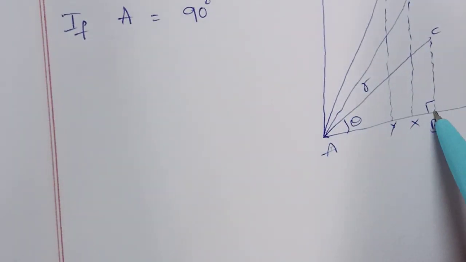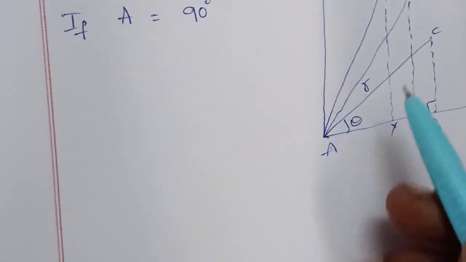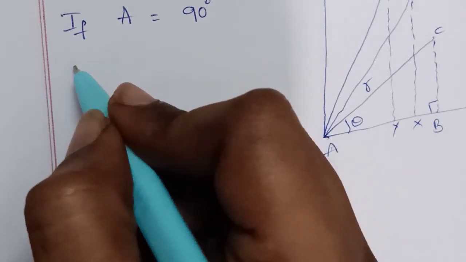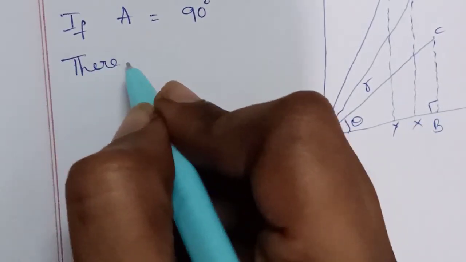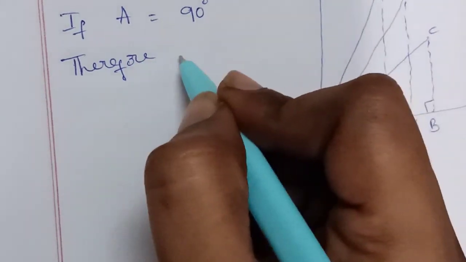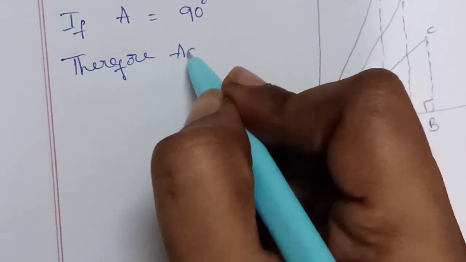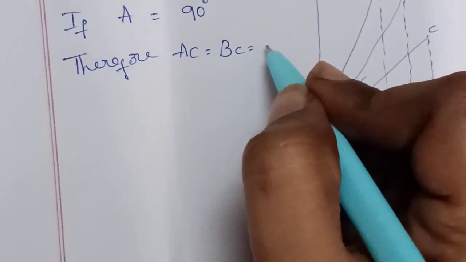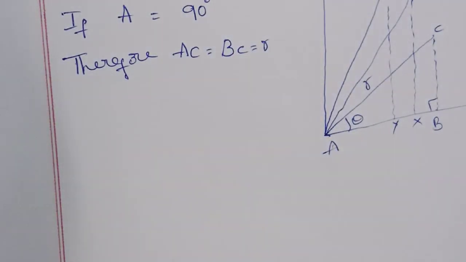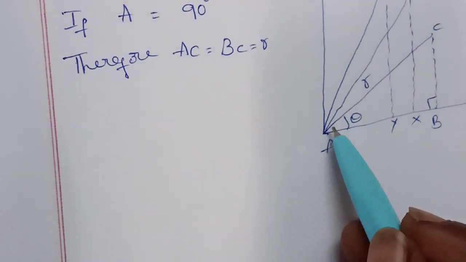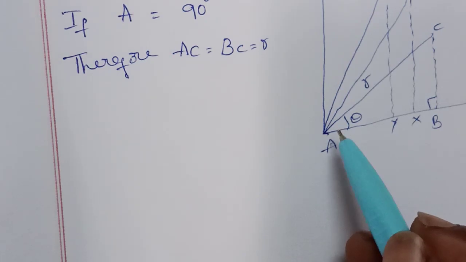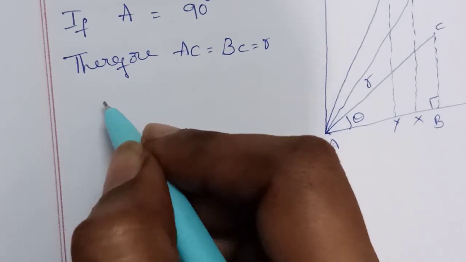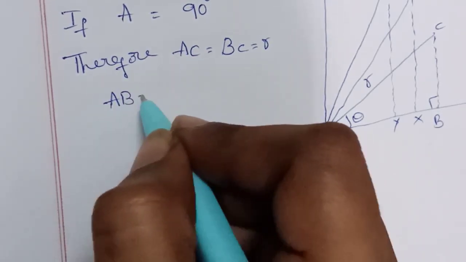At that time the point B merges with the point A. Therefore, AC is equal to BC is equal to R. So, when the angle becomes 90 degrees, the adjacent side would become 0. AB is equal to 0.